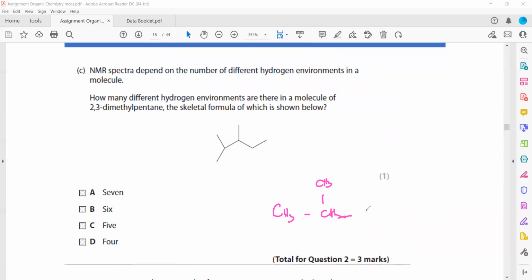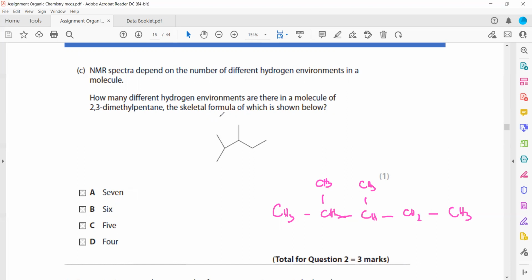The next one, 3 bonds are there, so there will be 1 hydrogen, sorry. This will be CH3, and then this carbon is CH2, and then CH3. So now we have to check how many hydrogen environments are there, total number of hydrogen environments.